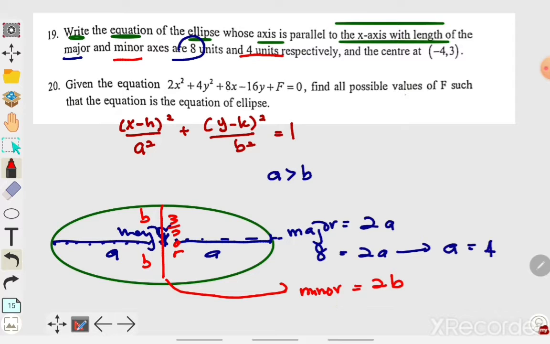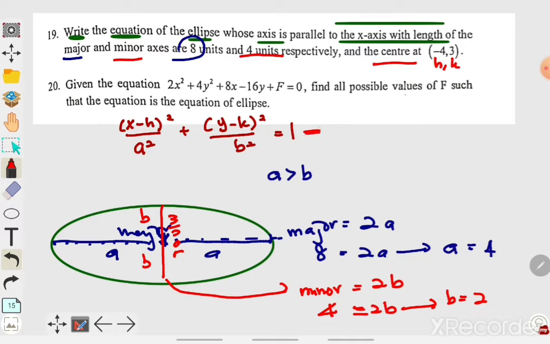So the minor equals 2b. The minor equals 4 units, so 4 equals 2b. Then we have that b equals 2. Let's move on to the next part. And the center, you have been given the center here. So the center is (h, k), so h equals negative 4 and k equals 3.